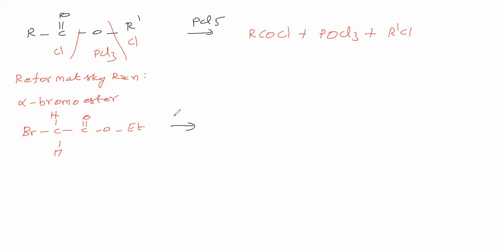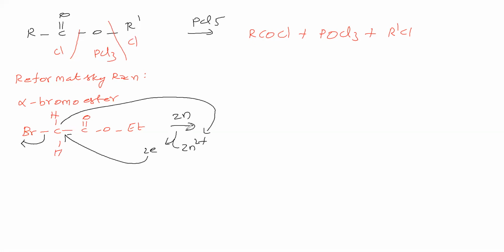It is treated with zinc. So what happens is zinc donates 2 electrons and becomes Zn2 plus. These 2 electrons attack this carbon. This Br is leaving. Then C becomes C minus. C minus is attacking Zn2 plus. Therefore, we will get BrZnCH2CH2C double bond O, OEt.